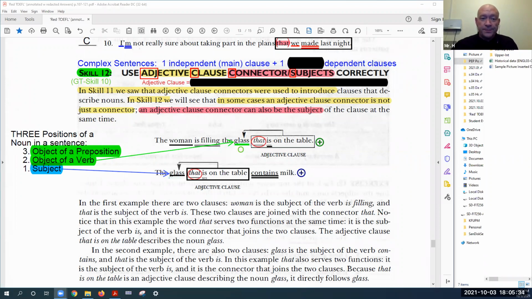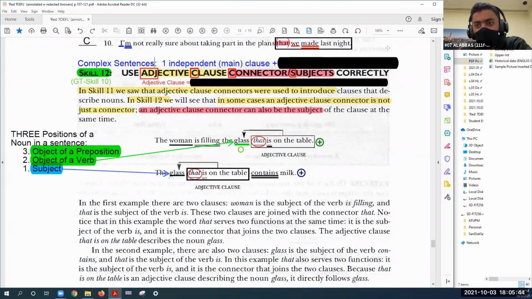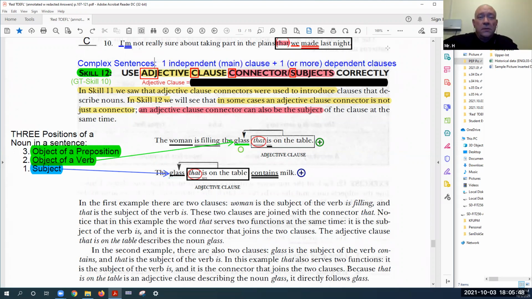So, skill 12. Explain it. Well, read it. Adjective clause connector subjects. In skill 11, we saw that adjective clause connectors were used to introduce... One second.